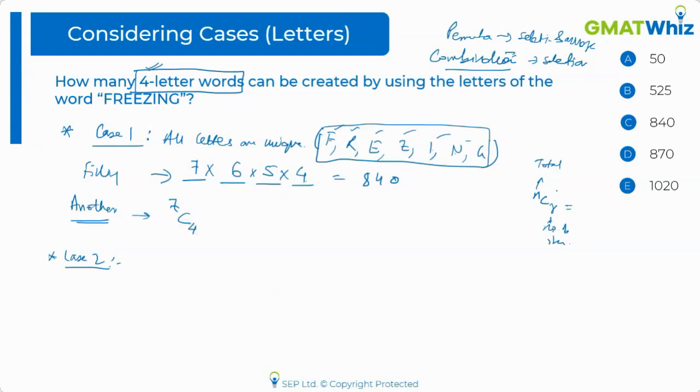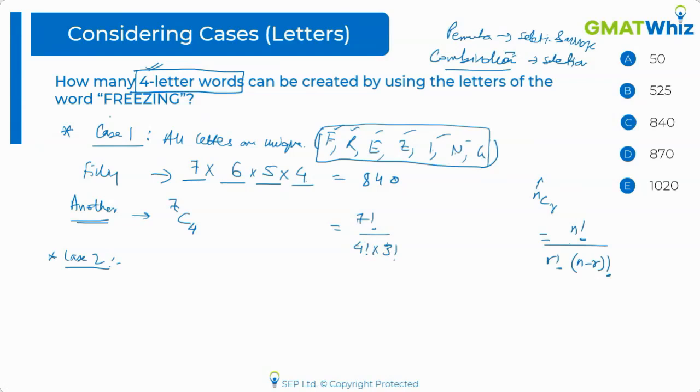Now, those of you who are not aware of the formula of nCr, nCr is basically n factorial divided by r factorial times (n minus r) factorial. This is the formula. So 7C4 basically means 7 factorial divided by 4 factorial times (7 minus 4), which is 3 factorial.